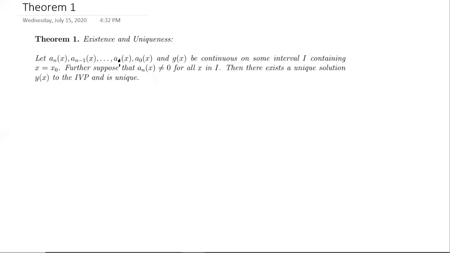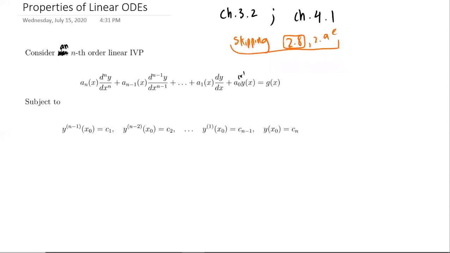Okay. So as I mentioned, we have a pretty easy theorem for existence and uniqueness of an initial value problem. Right? And it's basically the same thing that we did in section 2.4 for the linear case, but you just have to check more things. So notice that in this case, we have n different functions, actually n plus 1 if you consider the constant one, that are multiplying the derivatives.